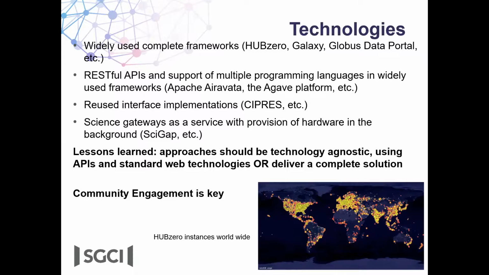The lessons learned from the last decade are really that approaches should be technology agnostic, using a full solution or web technologies or delivering the complete solution. So community engagement is key.